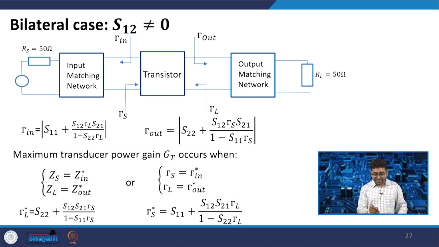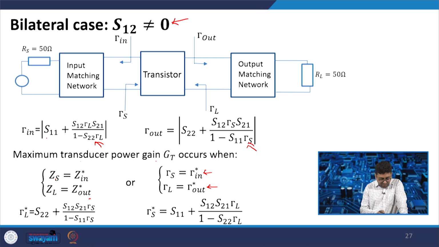Now there is the bilateral case. In the bilateral case, your S12 is not equal to 0. So here you already have gamma in, we have used this equation multiple times, and this is gamma out. The maximum transducer power gain GT occurs when ZS is equal to Z in star or ZL is equal to Z out star, or gamma S is equal to gamma in conjugate and gamma L is equal to gamma out conjugate.